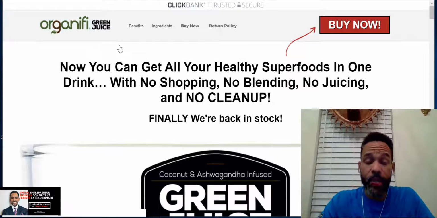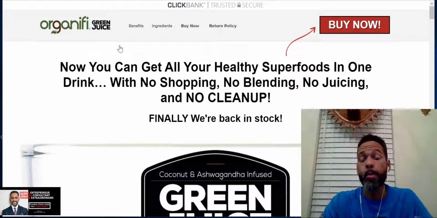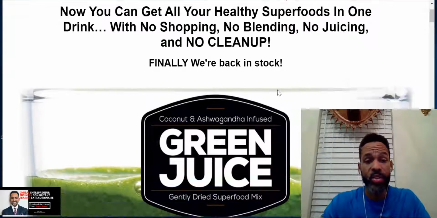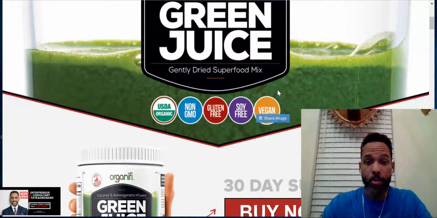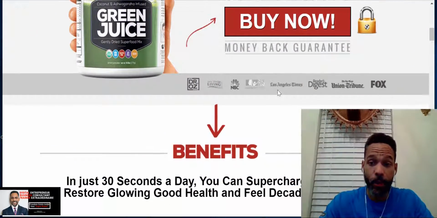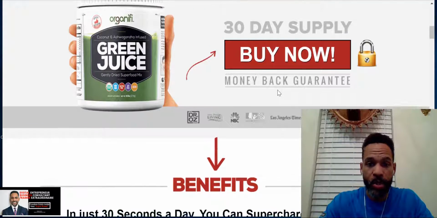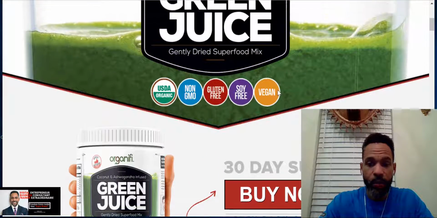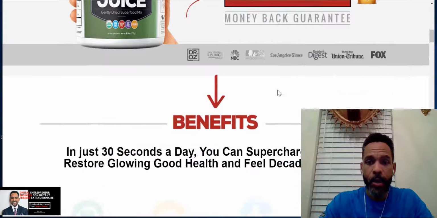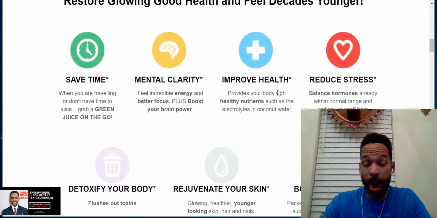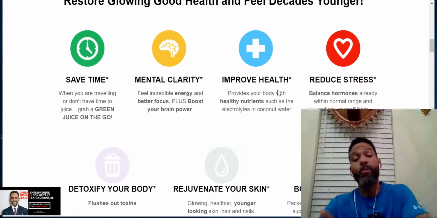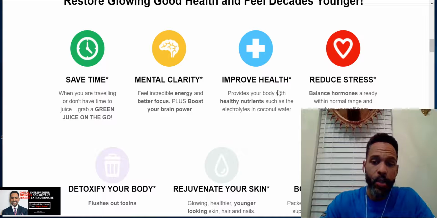And this product has been around for a couple of, like 3 years, and it's like they don't lose steam at all. This particular product has been around and it converts. But you can see this is one of those things, green juice, right? So again, if you're into the health and fitness thing, this might actually work well for you if you try the product yourself and then promote it back, which I highly recommend that you do.